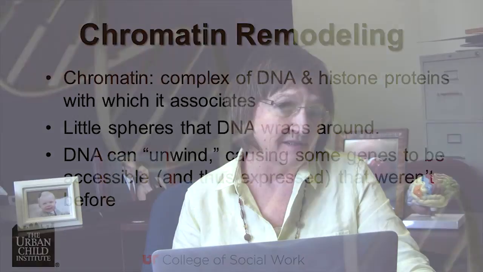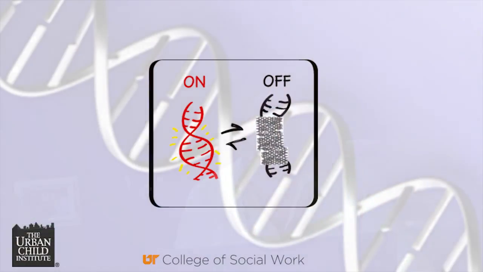So when that happens, some genes will be more accessible, so they will be expressed. Other genes, if the chromatin tightens up, can be silenced because there's not access to them anymore. So here you see a representation of that. When something causes the chromatin to be bound up more tightly, genes can be hidden from expression.